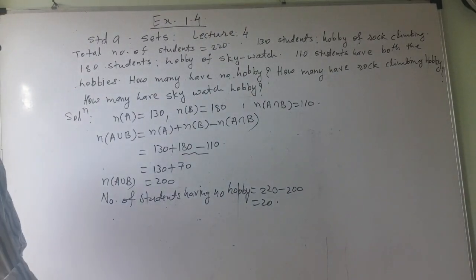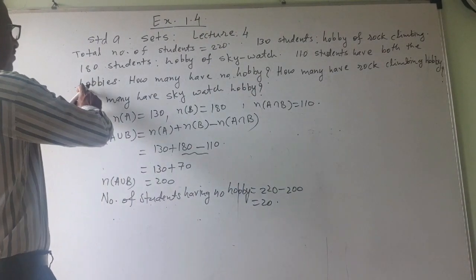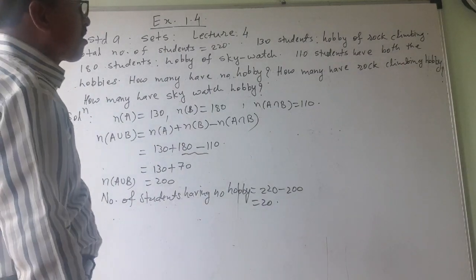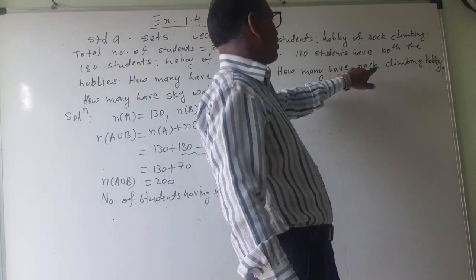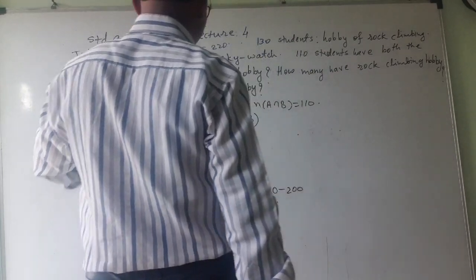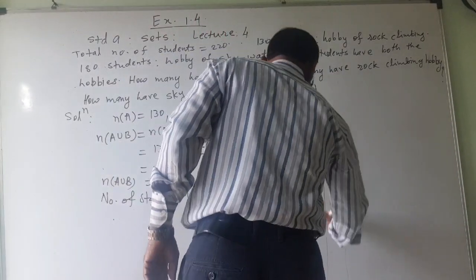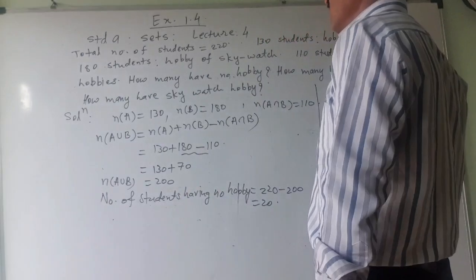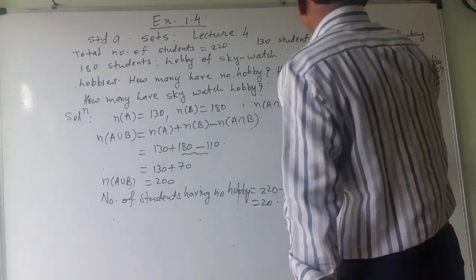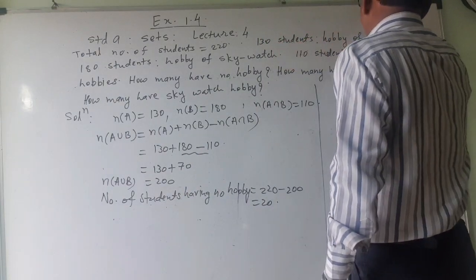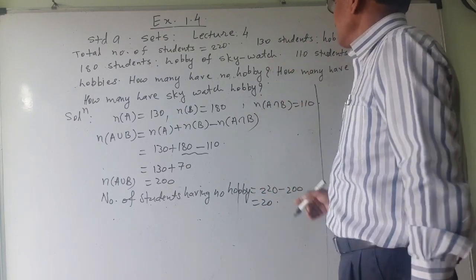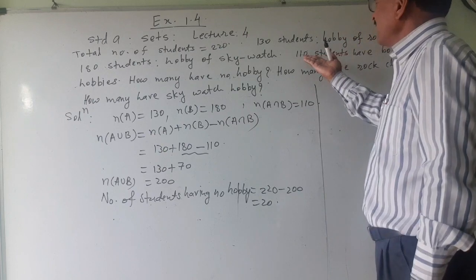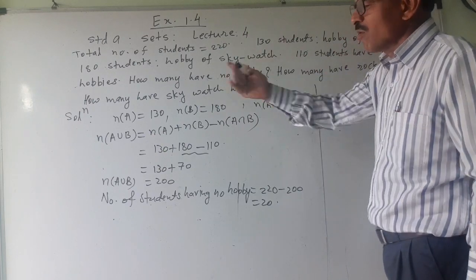Now what are the next questions? This first we have done. How many have rock climbing hobby? Rock climbing, how many are there? Check it. 130 students have the hobby of rock climbing. But in that, there are 110 students who have the other hobby also.